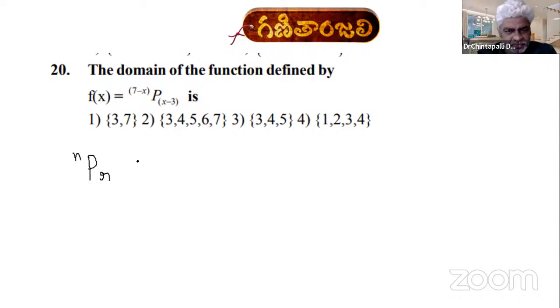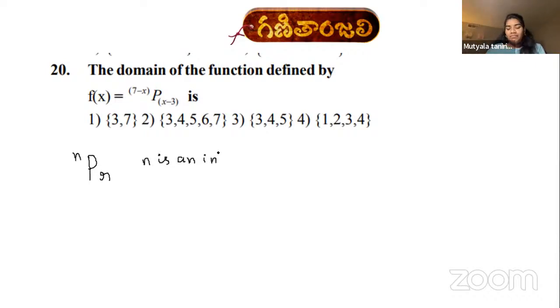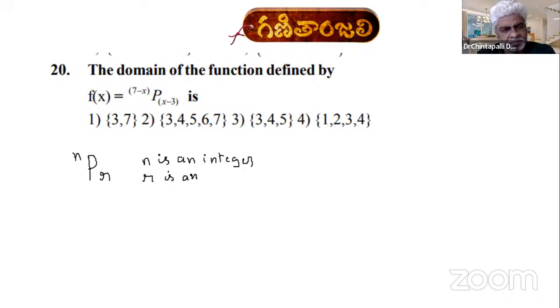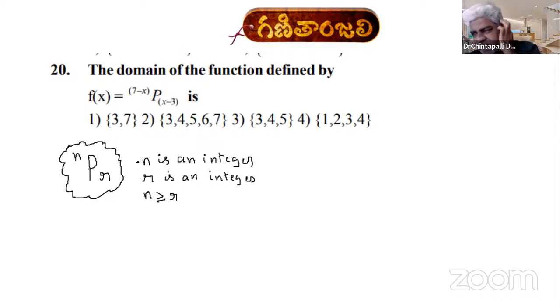And here n is an integer, r is an integer, and n must be greater than or equal to r. nPr is defined only when n is an integer, r is an integer, and n is greater than or equal to r.